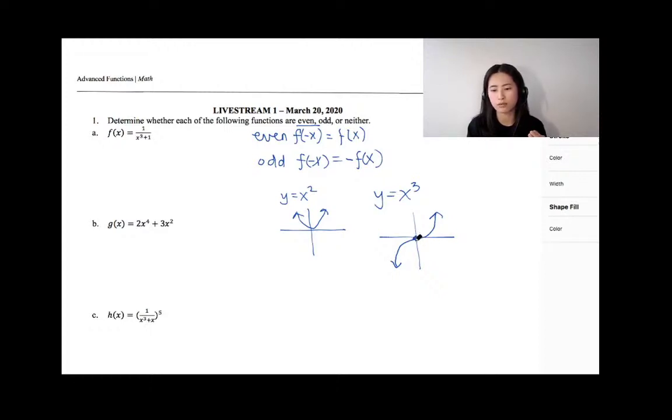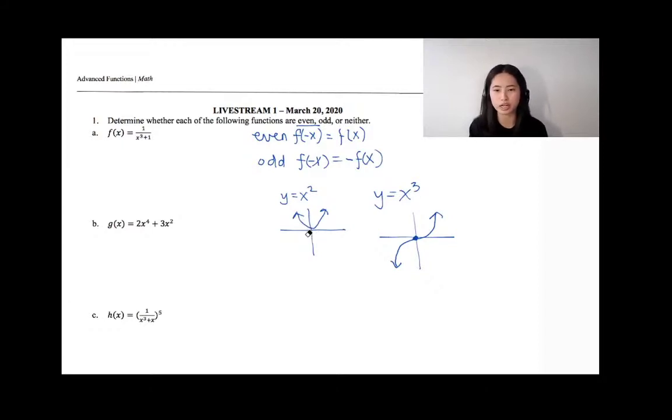So when you rotate this 180 degrees, so you're looking at from here, rotate that until here, right, 180 degrees, you're going to see that your function remains unchanged. So that's the difference between even and odd functions. And that's why you have this positive sign right here versus the negative sign right here.